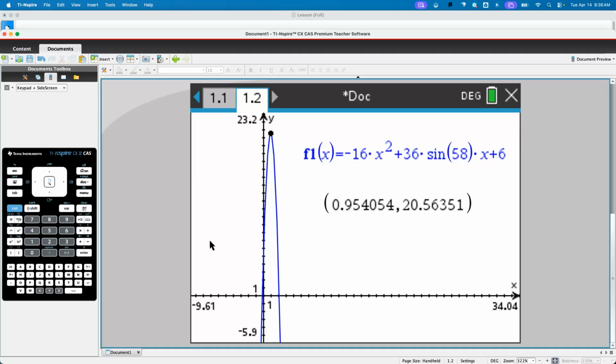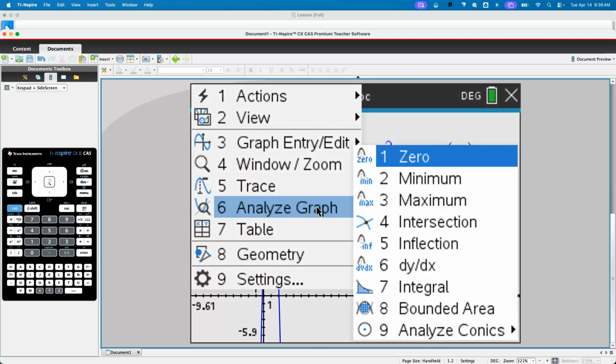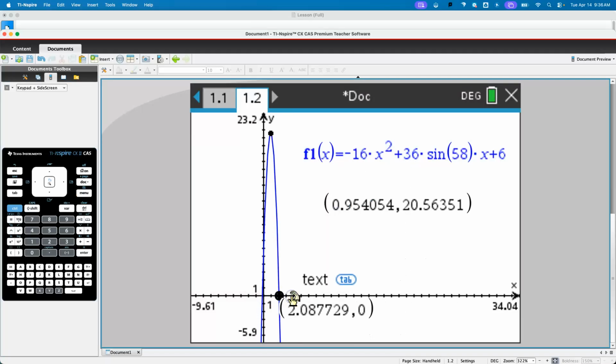I can also analyze this graph for a zero, and that this ball hit the ground after 2.087729 seconds.